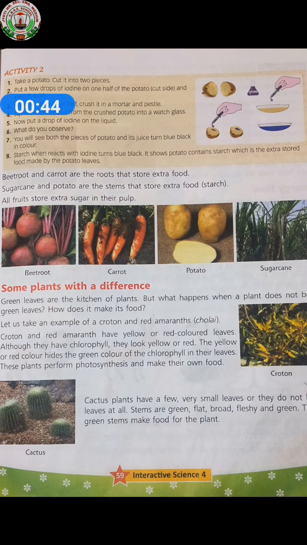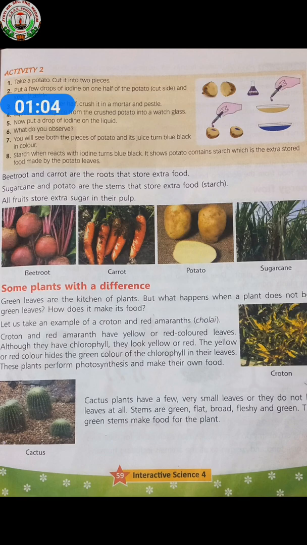So children, yesterday we studied some plants with a difference. Green leaves are the kitchen of the plant, but what happens when a plant does not bear green leaves? How does it make its food? Let us take an example of a croton and red amaranth.